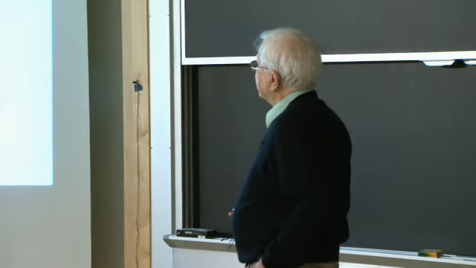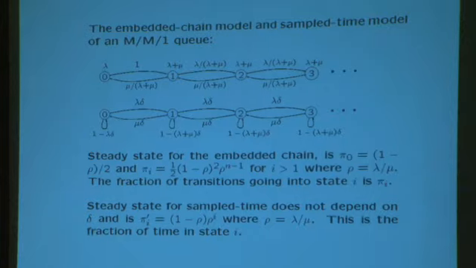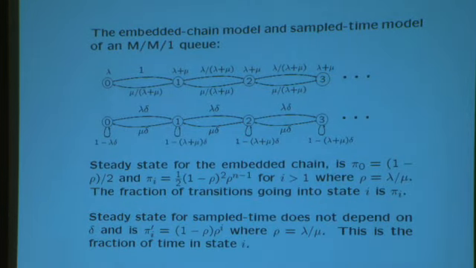You see that right here because pi 0 is 1 minus rho over 2, and pi 0 prime is 1 minus rho. It's bigger. And it's bigger because you're going to stay there longer because the rate of getting out of there is not as big as it was before.